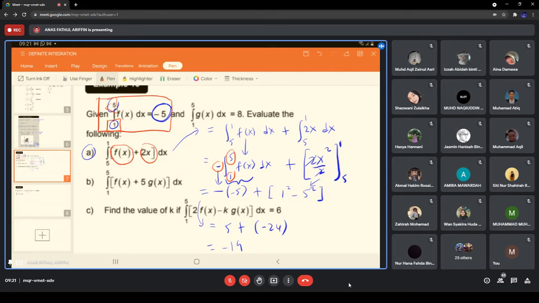Dan tak perlu ada keperluan untuk kita tukar dia punya limit dia. So kita integrate seperti biasa. Okay, so we have 2x square over 2. So kita simplify. And then kita substitute limit dia, upper limit dengan lower limit. Boleh? Okay, kalau kita tukarkan limit dia.